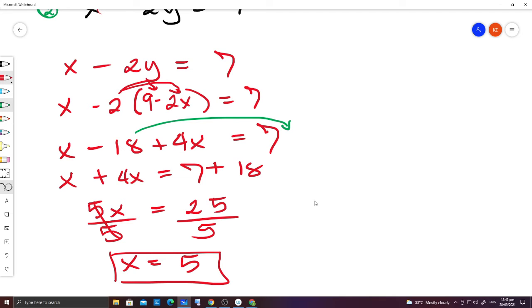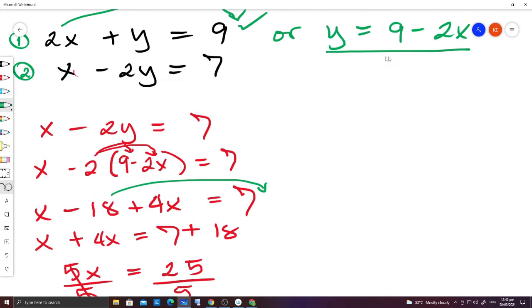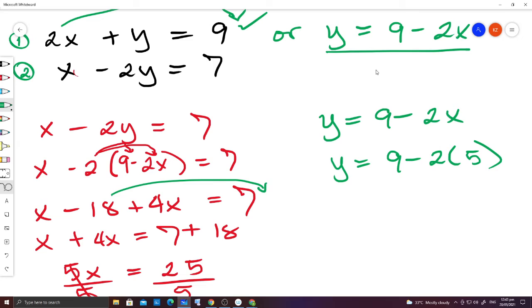Okay, for the value of y, since we have the same value of x, of course we can have the same value of y. If we are going to use this new arrangement, let's try. Y equals 9 minus 2x. So we have y equals 9 minus 2 times 5.